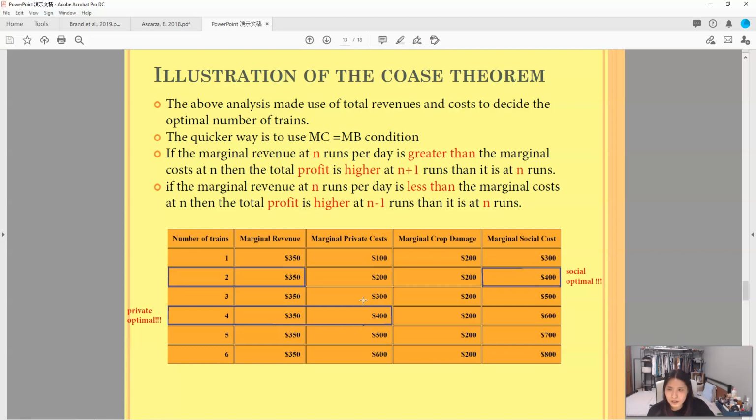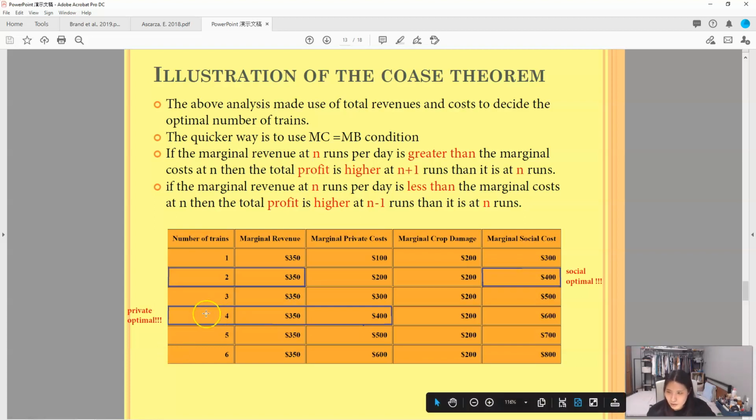So the extra amount the firm receives is $350, and the extra amount the firm pays is $300. Then the difference is positive, $50. Then the firm would have incentive to run one more train because it can get an extra $50, right?